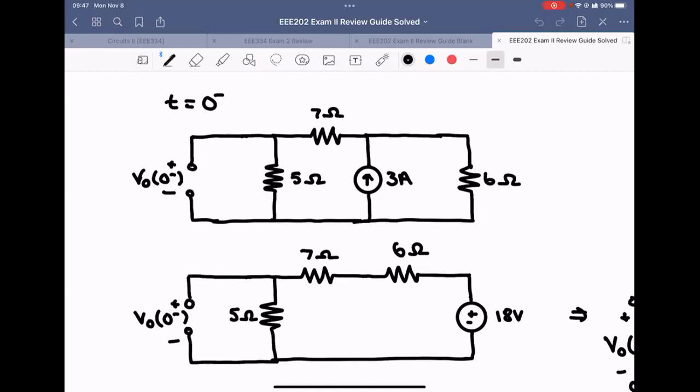So we know this voltage source is going to be 3 times 6, and that resistor doesn't change. I moved the resistor up here and put the voltage source over here because visually, you can see that the voltage source polarity follows the current source. And moving it there, it's really easy to see which way it's going.